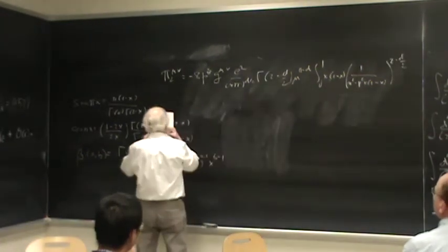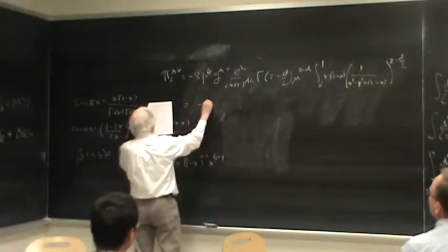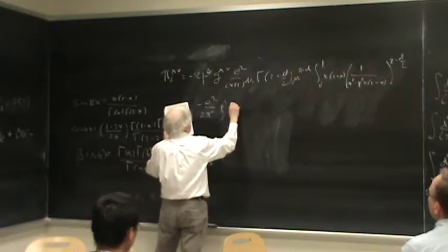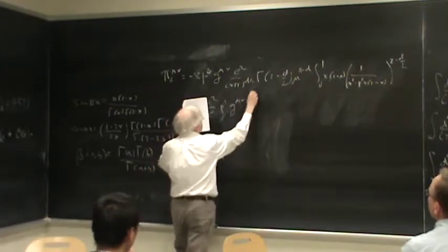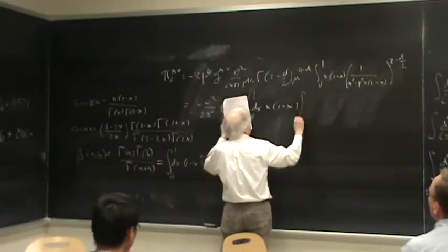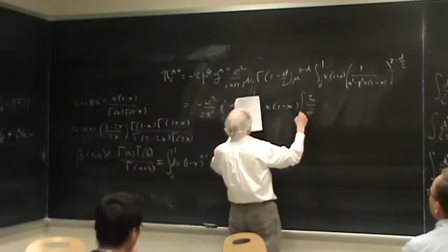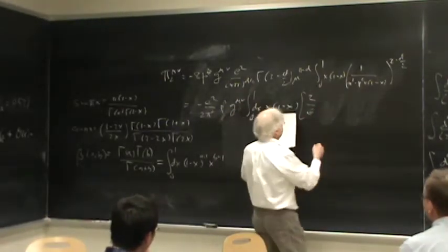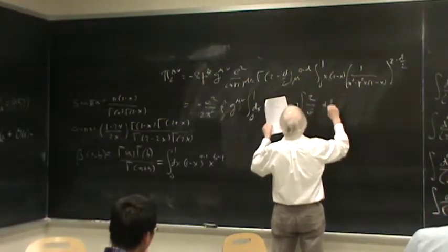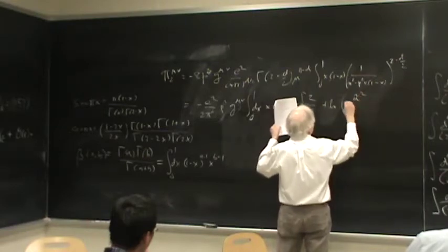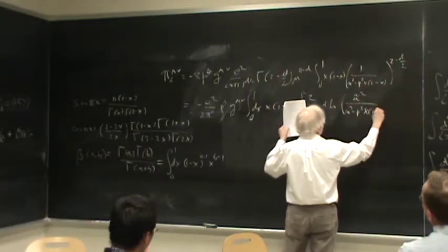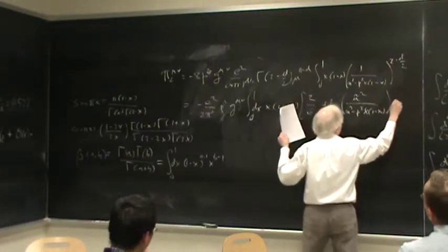And so this turns out to be minus e squared over 2 pi squared p squared g mu nu, integral 0 to 1 dx x (1 minus x), and then 2 over epsilon, where epsilon is the 4 minus d, plus log of mu tilde squared over m squared minus p squared x (1 minus x), plus order epsilon.